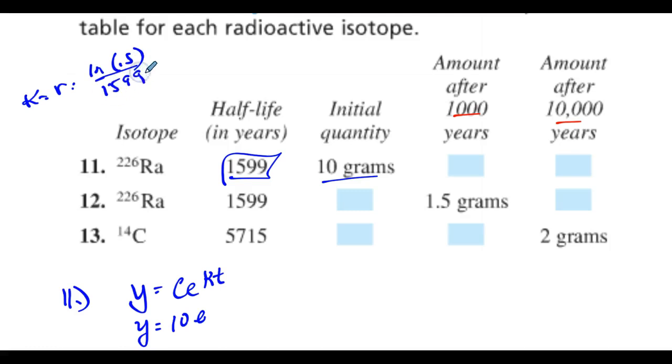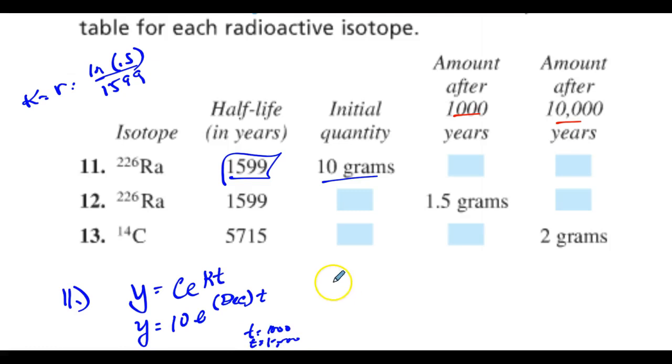We'll go back and check that out because that's some decimal. I'll just say y = 10e^(decimal times t). And then for number 11, I just let t equal 1,000 and then let t equal 10,000 and solve.